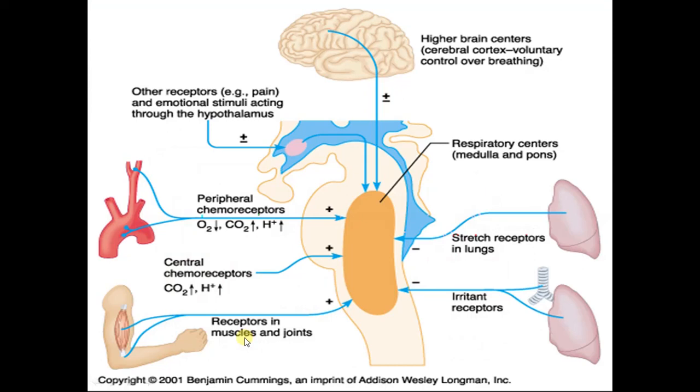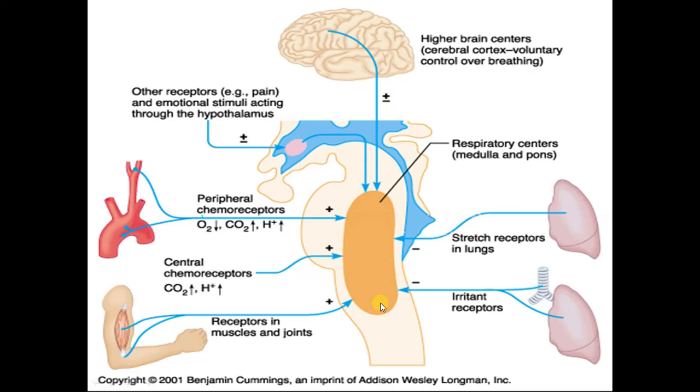Here we can see different inputs to the respiratory center. This is the respiratory control center present in the brain stem, and it receives inputs from multiple areas, from the periphery as well as from the higher areas of the brain.